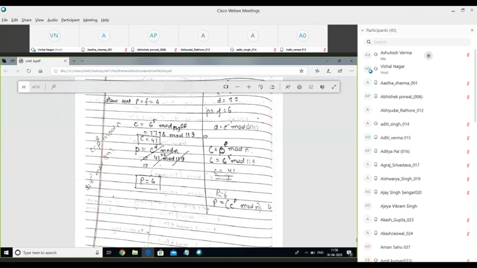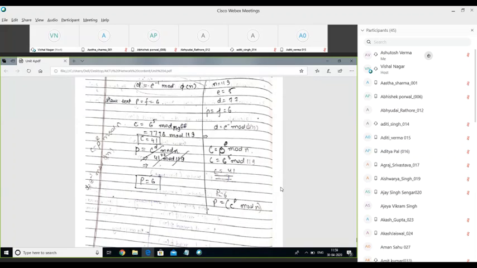Hello class, if you have any doubt, you can tell me. Sir, in this semester's syllabus, is there only the RSA algorithm in encryption? Yes, I wanted to confirm: only RSA encryption? RSA and DES. Okay, Data Encryption Standard and RSA. These two algorithms only. Otherwise, cryptography itself is a complete syllabus.